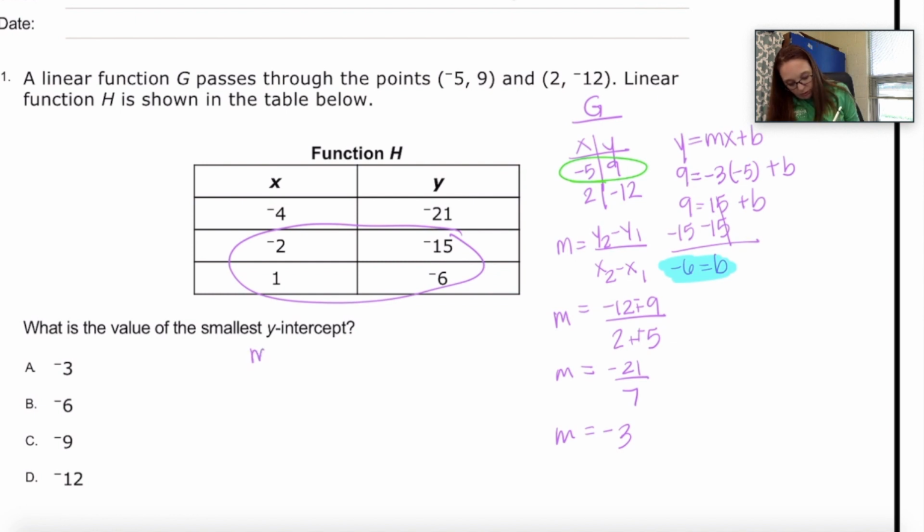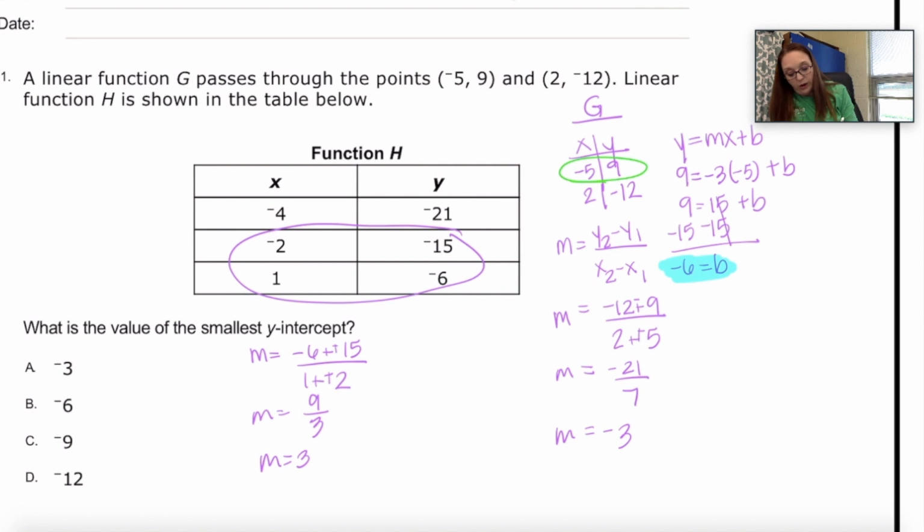I've already written down my slope formula over here, so I don't need to do that again. So y sub 2, negative 6 minus negative 15 over 1 minus negative 2. That becomes 9 over 3, so our slope here is 3.